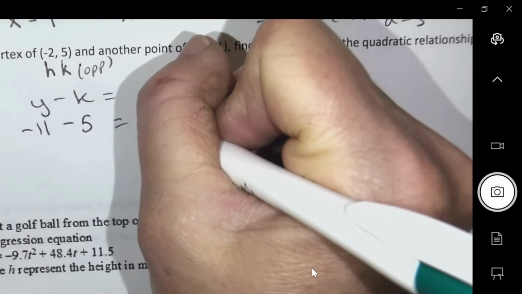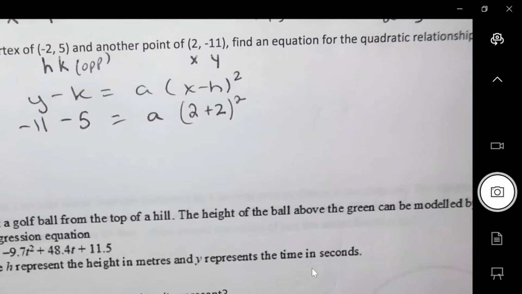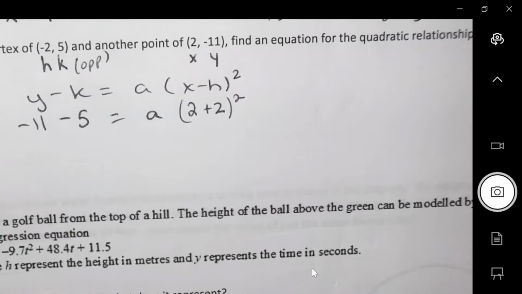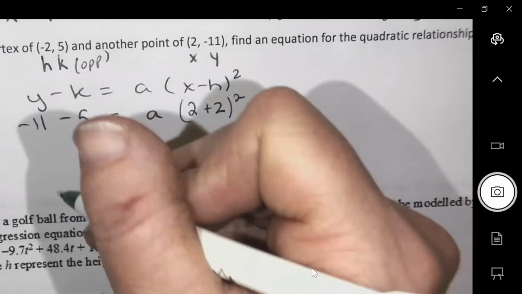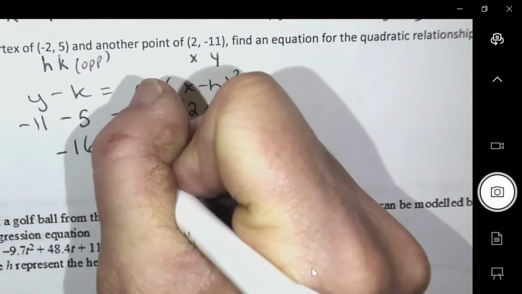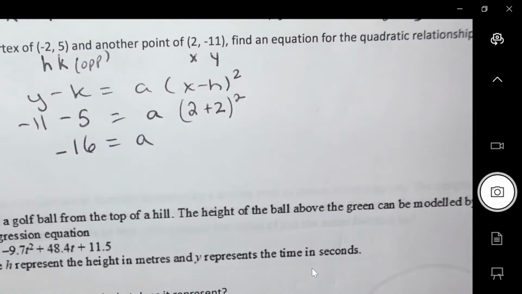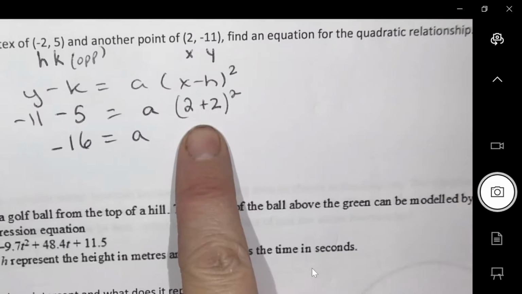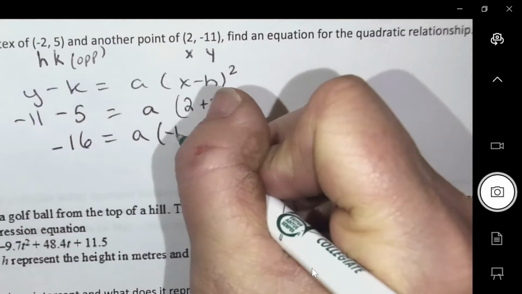And we're going to figure out A. So -16. 2 plus 2 is 4. 4 squared is 16.